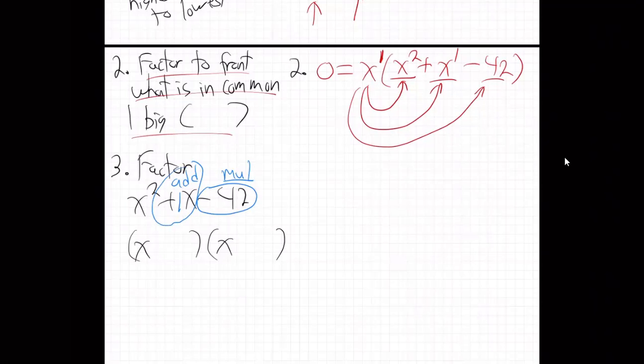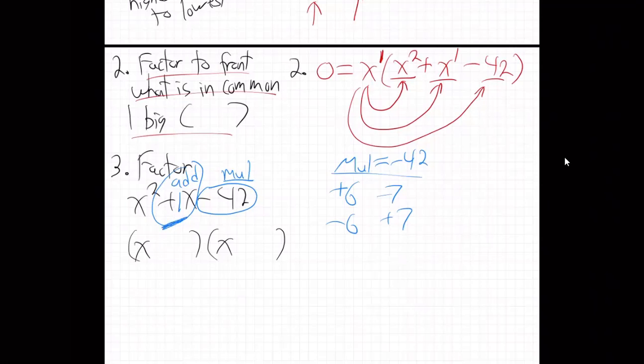So what are 2 numbers that multiply to be actually minus 42? Well, 6 times 7. But you could have the plus on the 6 and the minus on the 7, or vice versa, huh? How do we know which one of those is right?